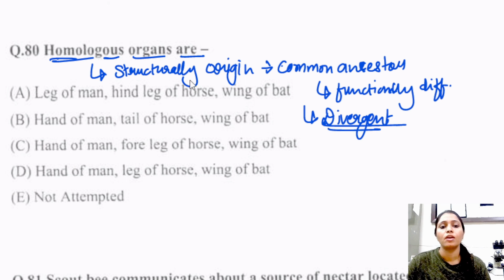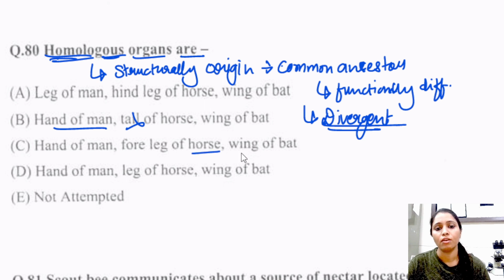Divergent evolution is where organisms evolved from a common ancestor. So examples of homologous organs are the hand of man, not the tail, the hand of man, the forelegs of a horse, and the wing of a bat.